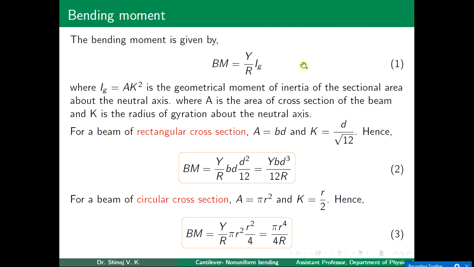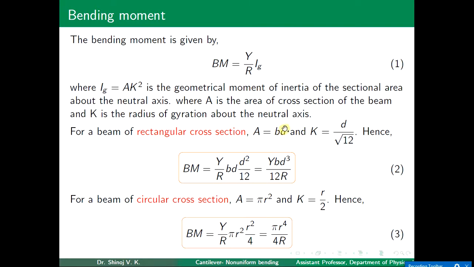In that case we just considered a beam and we didn't discuss the cross section of the beam. So suppose the beam has a rectangular cross section, made like a scale, the normal scale.